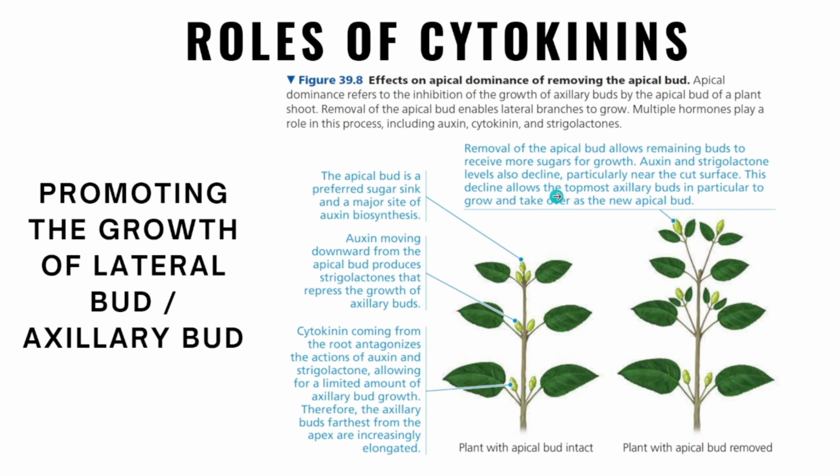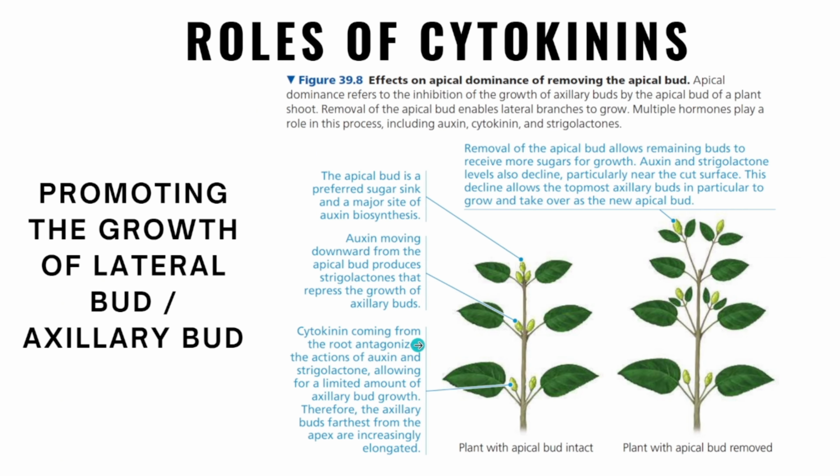Another difference is apical dominance. Auxin enhances apical dominance, but cytokinin inhibits apical dominance. It promotes the growth of the axillary bud, or lateral bud, as I mentioned before.